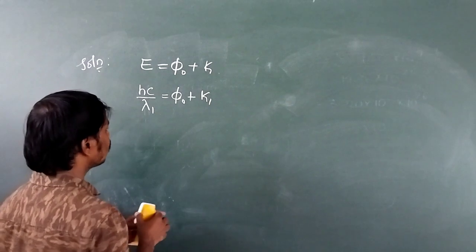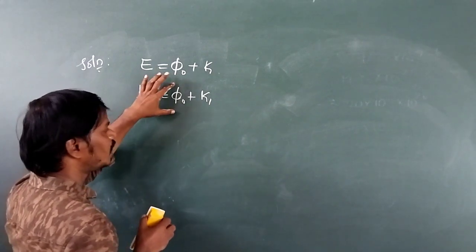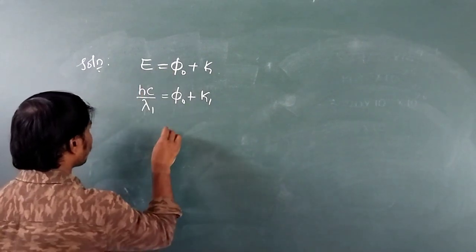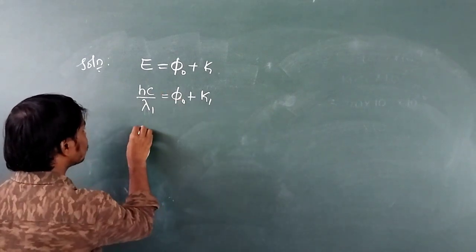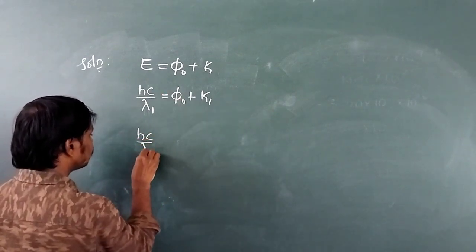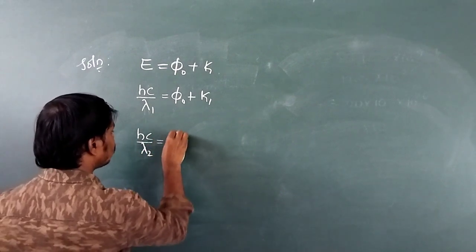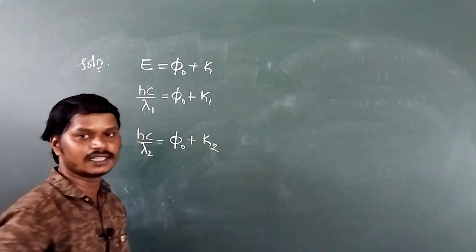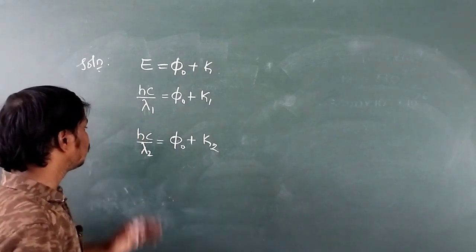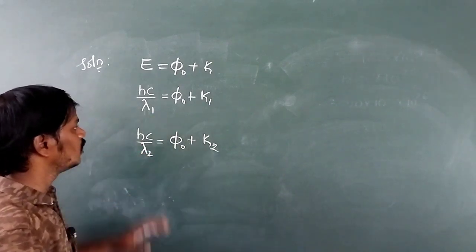Next. Our aim is to find the work function. Next, for the second wavelength, what is the energy of incident radiation? That is hc by lambda 2, equal to phi naught plus the kinetic energy K2. Now, what we have to find is the work function.